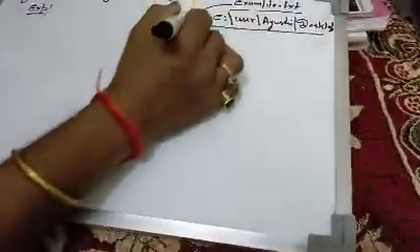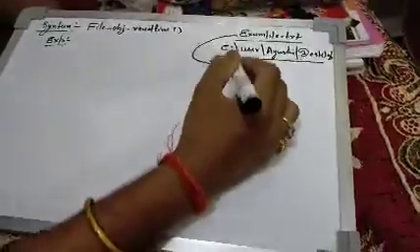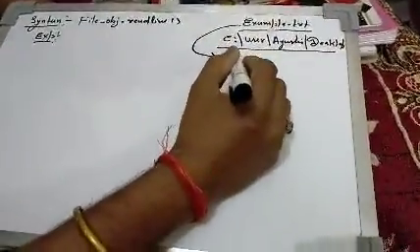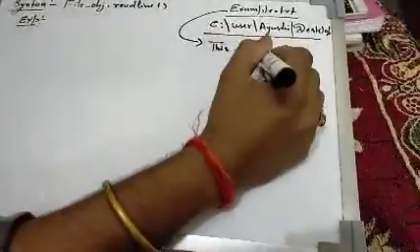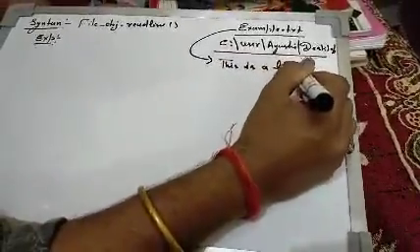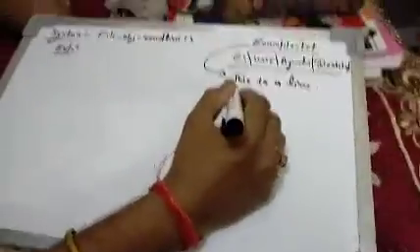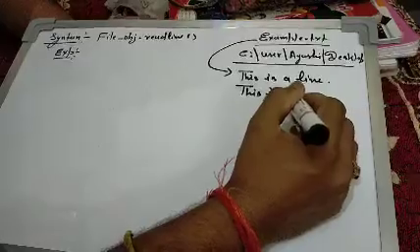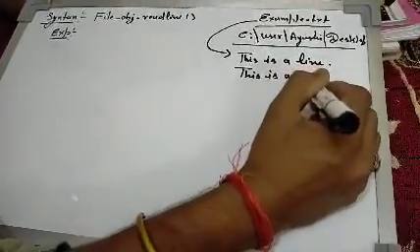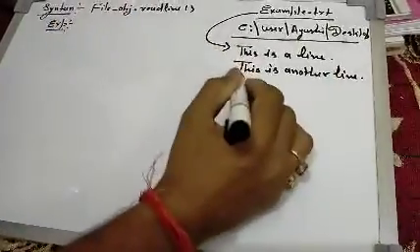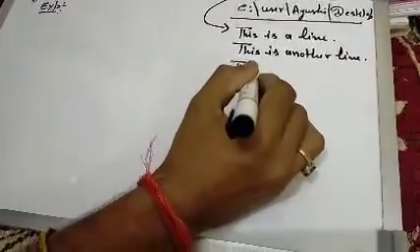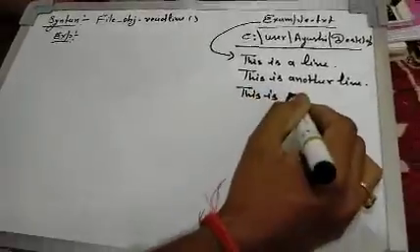The file example.txt contains the following matter: this is a line, this is another line, and this is third line.